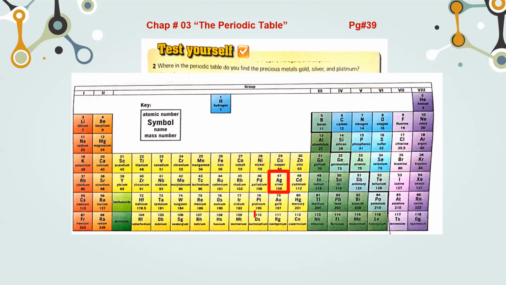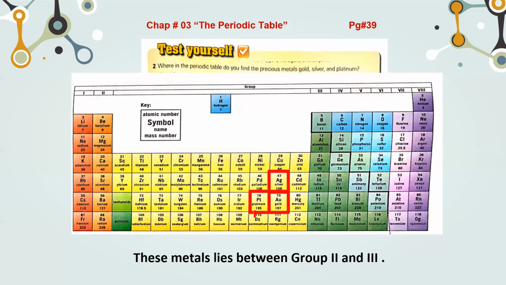This is silver, gold, and the next one is platinum. All of them belong in between group 2 and group 3. These metals lie between group 2 and group 3.